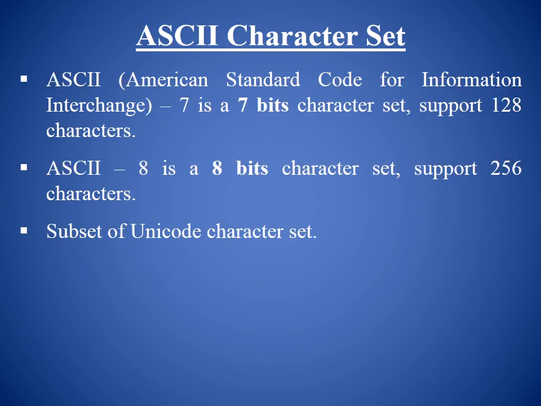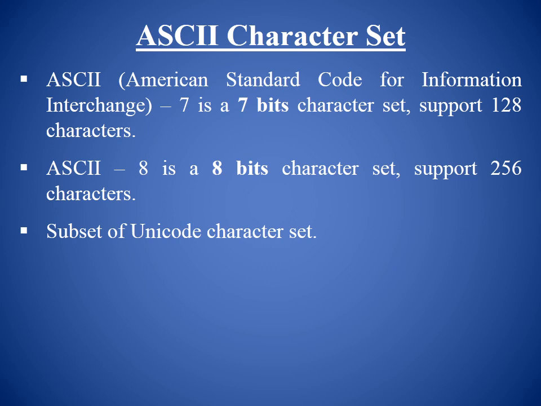Next, ASCII character set. It is a 7 bit character set, meaning that 7 bits are required to represent or keep one character in memory. It supports a total of 128 characters, ranging from 0 to 127. Total characters can be calculated as 2 to the power n, where n is the number of bits.